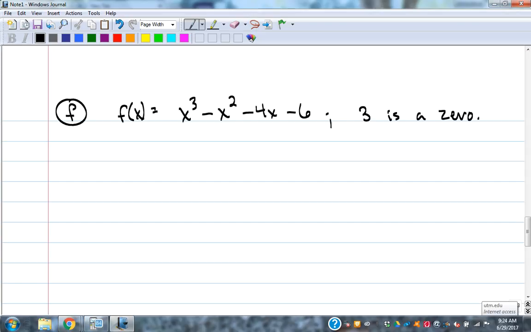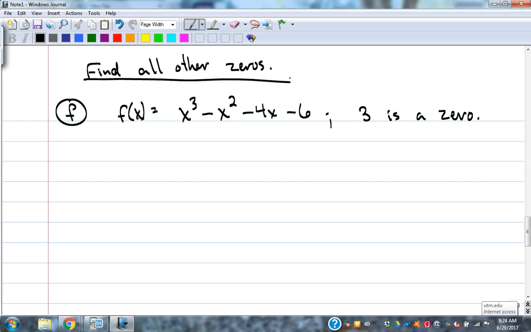We want to find, the instructions would be find all other zeros of the polynomial. Okay? So if they tell me one of the zeros, I'm going to use that 0 in synthetic division. I'm going to put 3 on the shelf and then run that through with synthetic division. They tell me a 0, I'm using it. Okay.